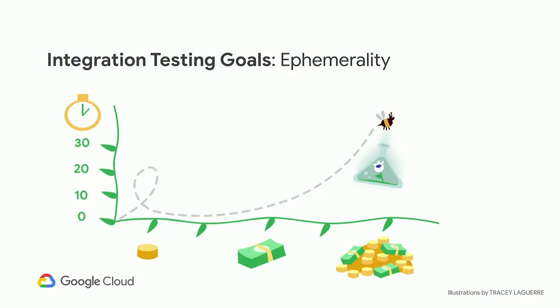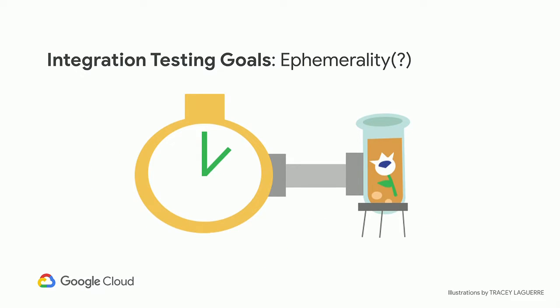And then ephemerality, which means how long does that test infrastructure hang around after we're done doing our tests? Ideally, it lasts just until the test is over, and then it's gone, right? We don't want to pay for it. And then we optimize the ephemeral nature of the test. But the thing is, if the test gets torn down immediately, then we don't have access to go debug what happened inside that test environment.